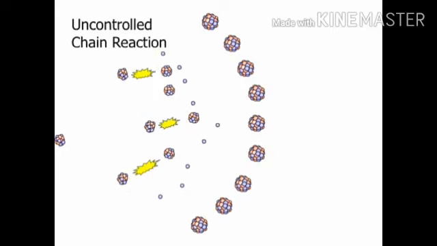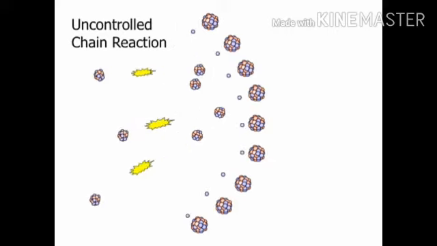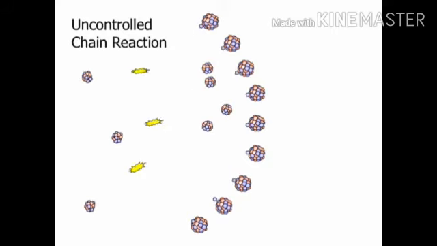Next is uncontrolled chain reaction. In an uncontrolled chain reaction, the number of neutrons multiplies indefinitely. Like, the first fission reaction releases 3 free neutrons, the next fission reaction releases 9 free neutrons, the next releases 27 free neutrons, and then the next fission reaction releases 81 free neutrons.